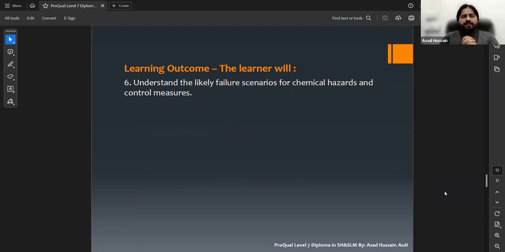So you have seen that in the start, I told you the name of the unit is Digital Technologies and Incident Investigation.